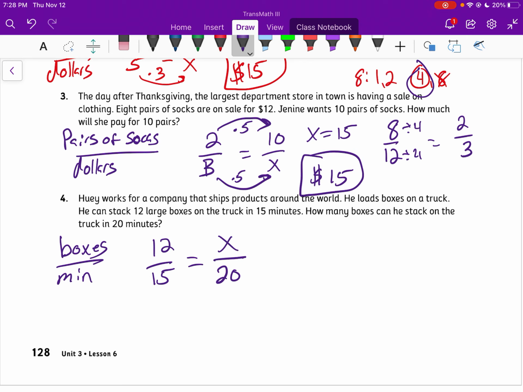Since we were given the minutes on bottom, the 20 will be on bottom. Again, I don't have an easy way to get from 15 to 20 or from 15 to 12. So we are going to simplify our 12/15.